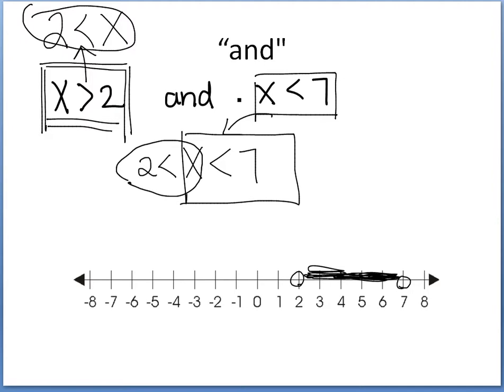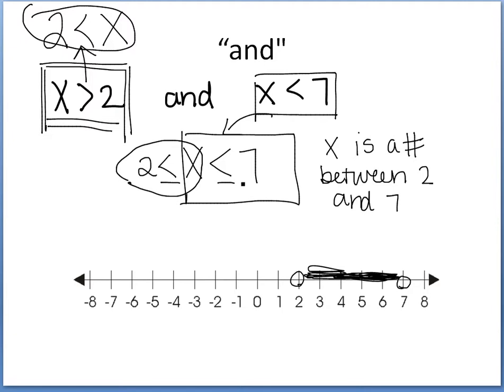What this means essentially is x is a number between 2 and 7, but not including them. If they were including it, we'd have those symbols, remember? But we're not including 2 or 7. These are all the numbers that are between 2 and 7. 3, 4, 5, 6, and all the little decimals in between.